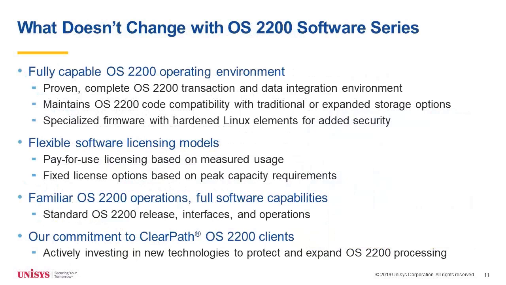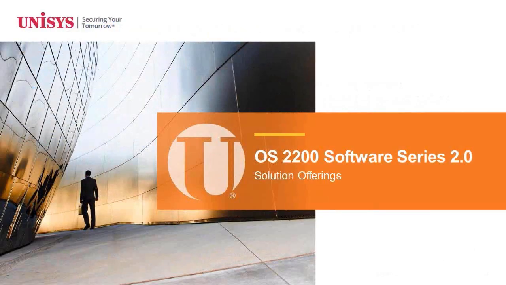And finally, this is an example of new technologies that we're bringing to market, and as part of our commitment to our OS 2200 clients, which hasn't changed. It shows that we're actively investing in the OS 2200 family and ways to expand your processing capabilities.